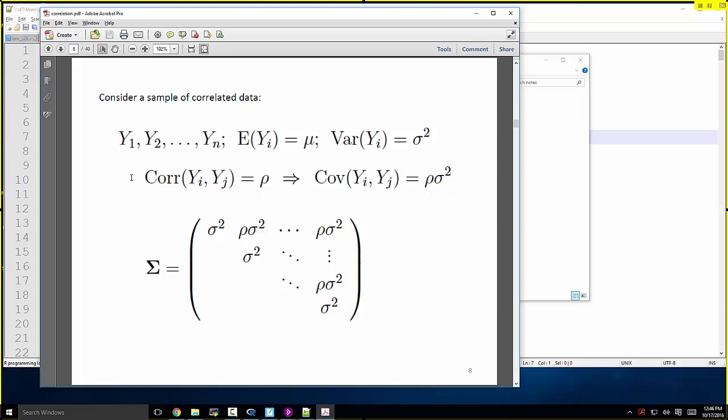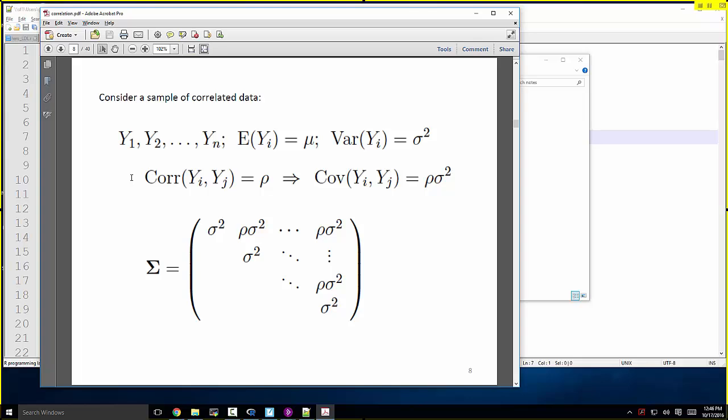There's one mean that we want to estimate, mu, and there's a common variance. Every individual draw has a common variance, but every pair is correlated with correlation rho. So the matrix of variances and covariances looks like this capital sigma here.